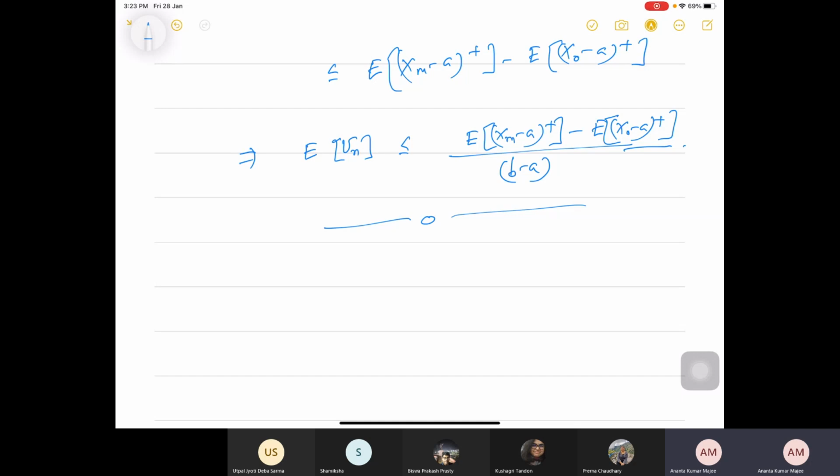As I told you, for a deterministic sequence of real numbers, if you look at the upcrossings, it converges if and only if the number of upcrossings is finite. So it has a limit, that means X_n converges to X_infinity almost surely. That we will show. This is the general idea: you look at the number of upcrossings or downcrossings and try to show that the number of upcrossings throughout the whole sequence is finite. Okay, I stop now.